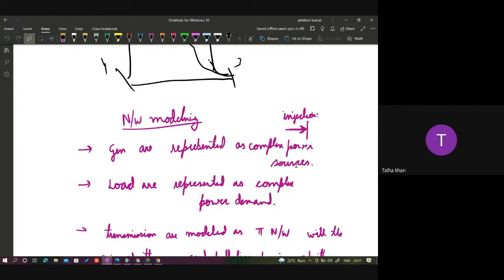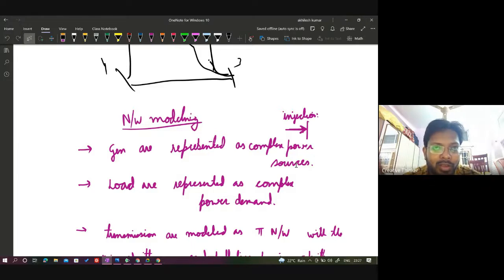For the sake of convention, when it is a generator, when power is injected into the bus, we write positive. So injection is treated as positive and demand is treated as negative. This you will remember.